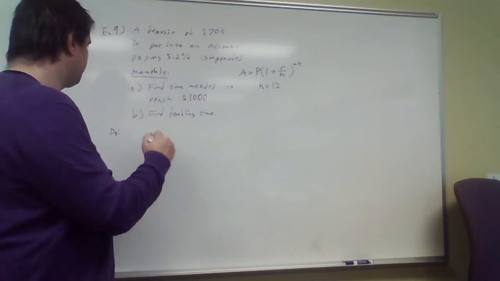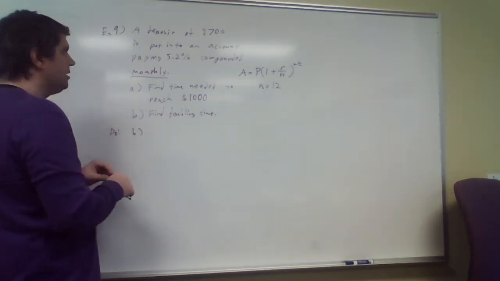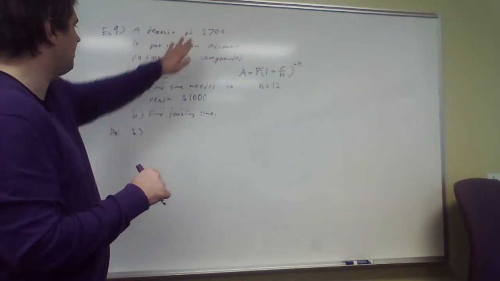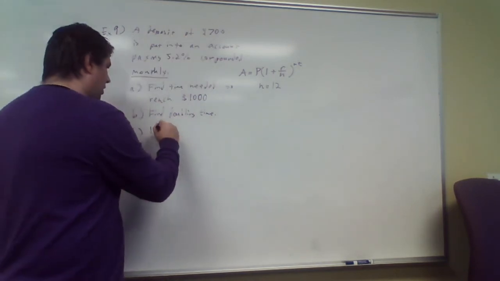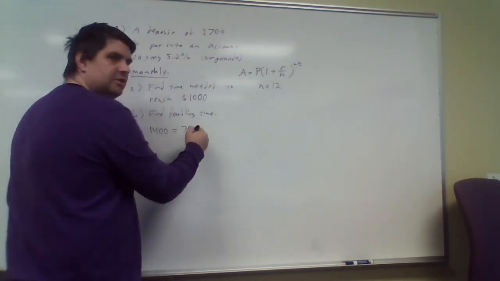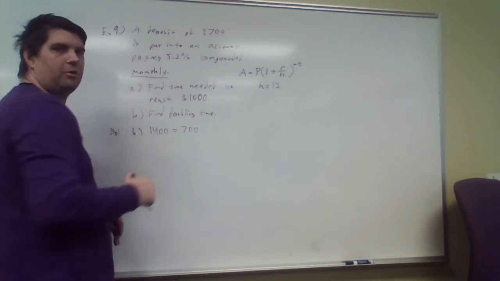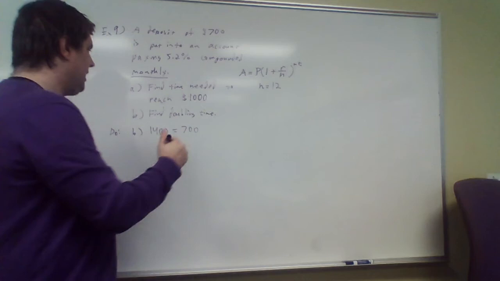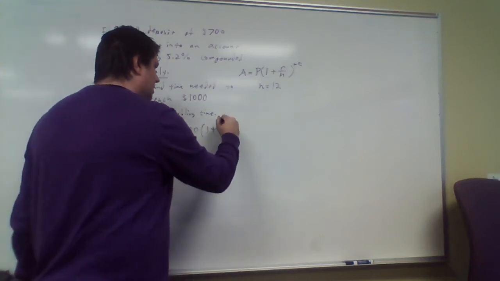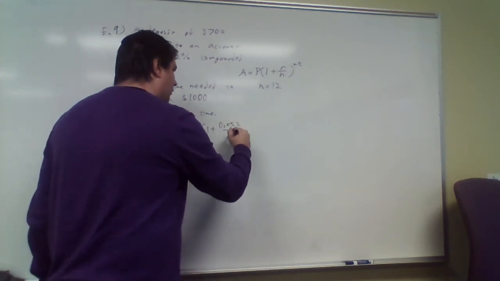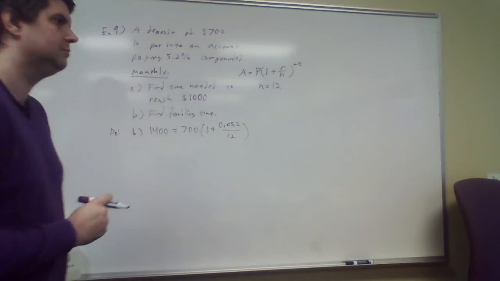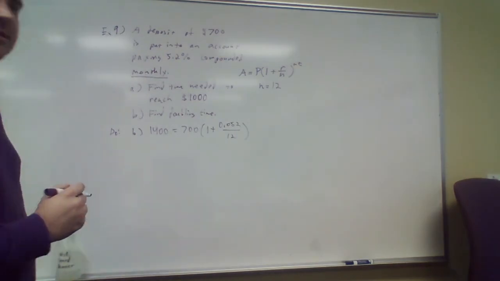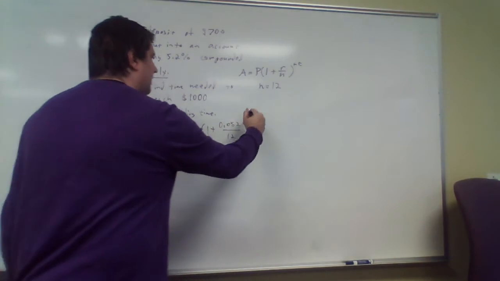Okay, so now I will proceed to do B. Doubling time is simply a matter of that 700 becoming 1400. I want to know how long it will take for the original $700 to double to 1400. So accumulated value becomes 1400. And then I still have the 1 plus 0.052 over 12 over here. As we did last time, I forgot my 12t here.